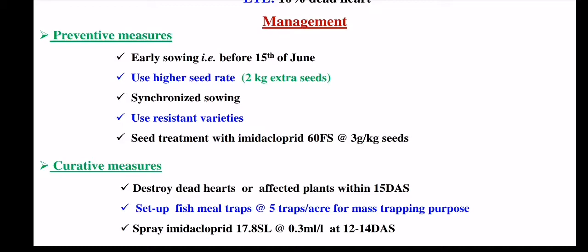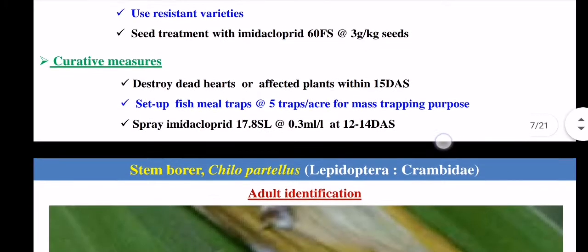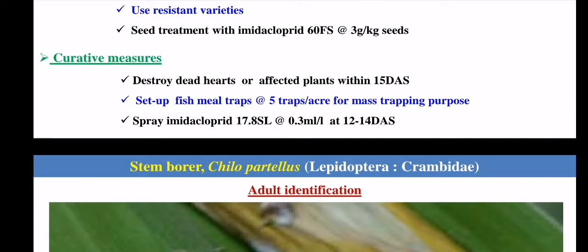Then seed treatment with pesticides like imidacloprid 60 FS, you can use 3 grams of imidacloprid per kg of seed. If we talk about the curative measures, you can remove the dead hearts after 15 days of sowing. You can also set up fish meal traps at the rate of 5 traps per acre for mass trapping of this insect pest.